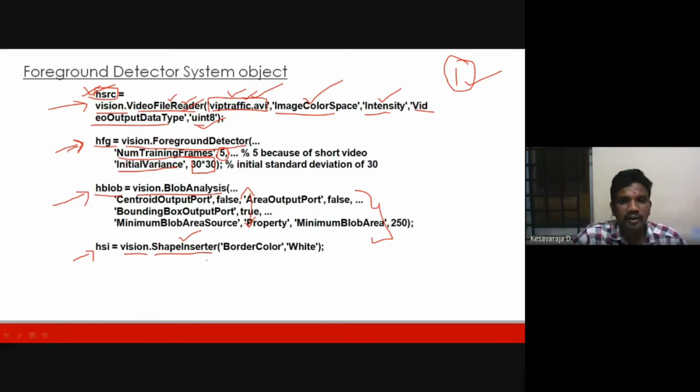There is a square border of white color, which will place a white border for each car. Each and every car will be bounded with a white boundary box. So now I am creating 4 handlers: first pointing to video, second to foreground object, third to blob, the last to shape.